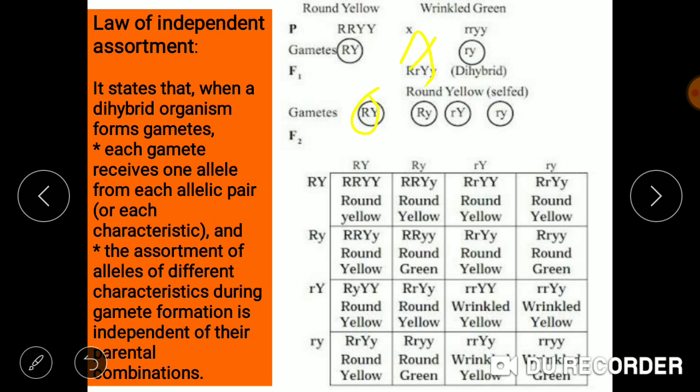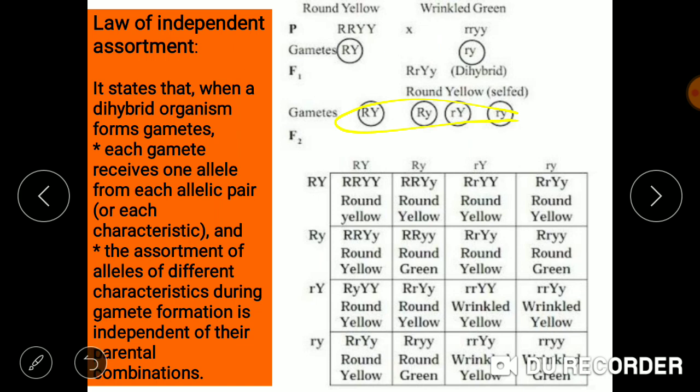Then we will take capital R and small y. Now we will take small r and capital Y. Then we will take small r and small y. This way we have taken out the four gametes.